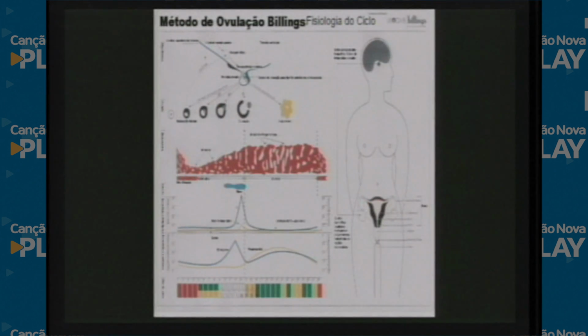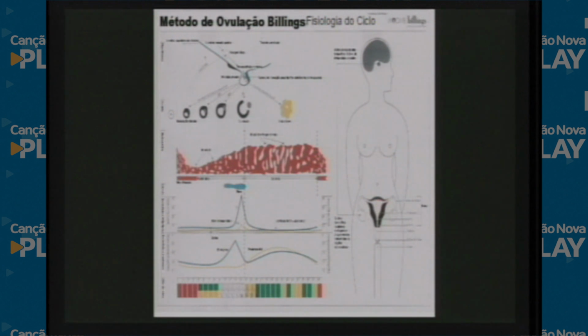The blue line is LH, luteinizing hormone. The next two lines show estrogen in blue, and the yellow or orange is progesterone.